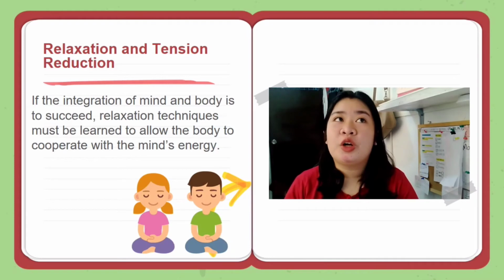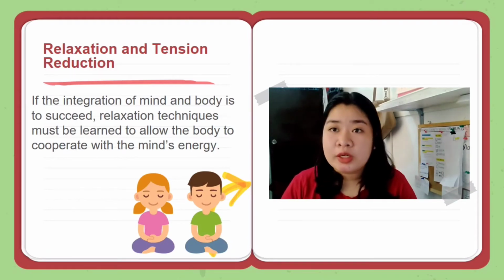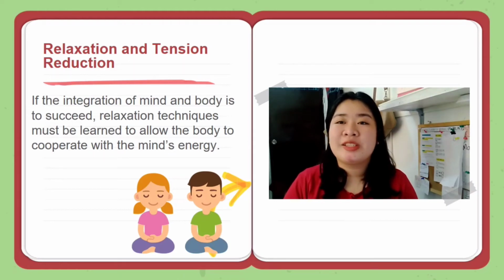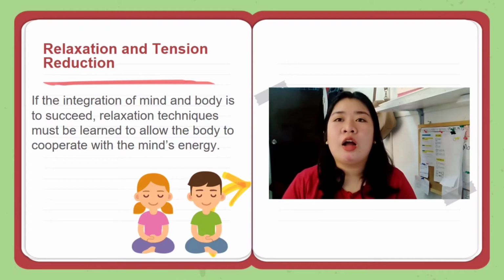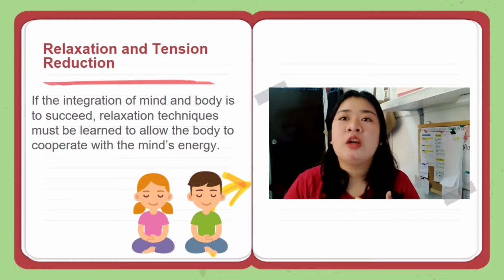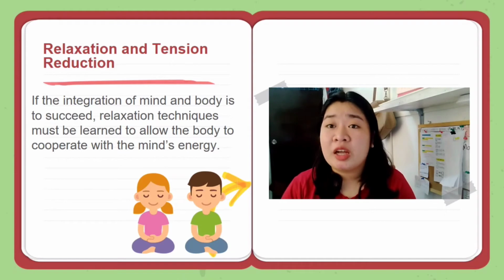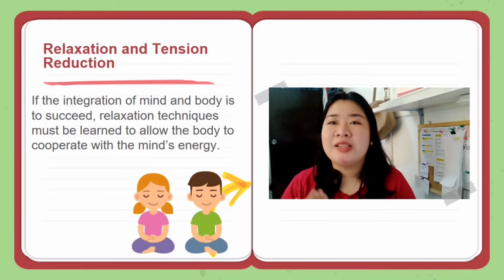Or if we are so stressed about our work, then more likely we do less than finish our work. So basically, if we need relaxation time as workers, our students who keep on studying and studying also need relaxation time so that their body can keep up with their mind's energy.